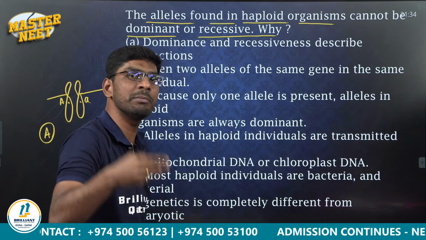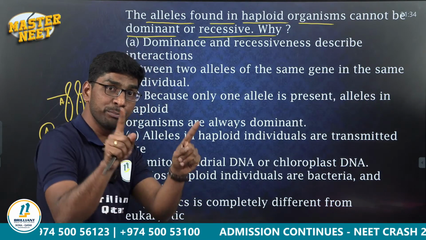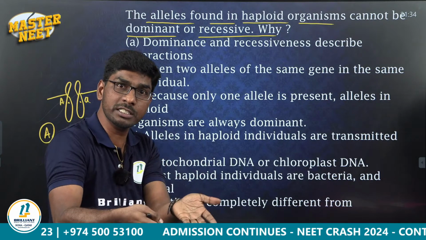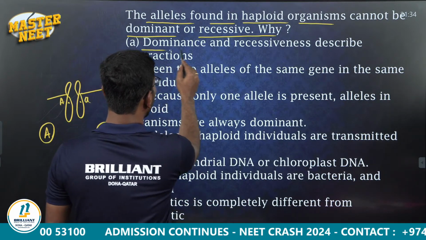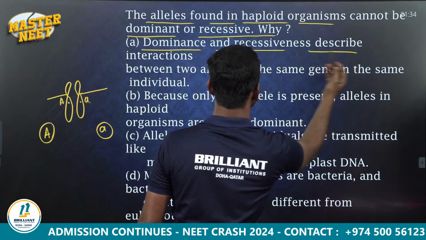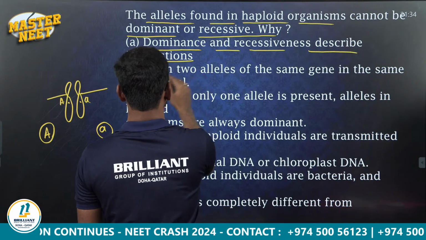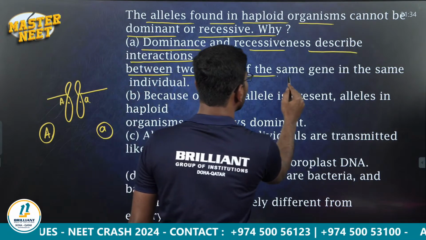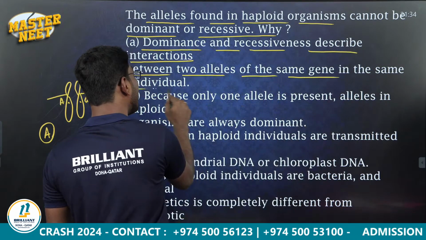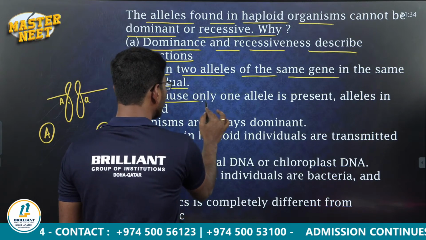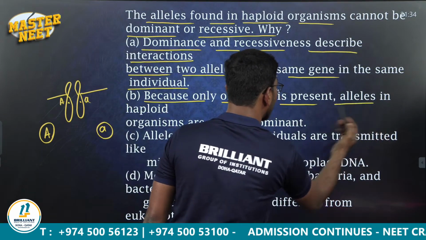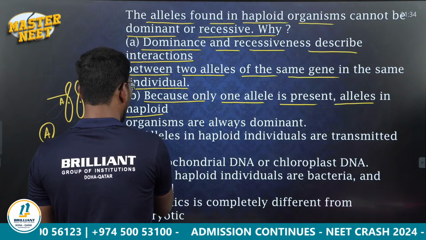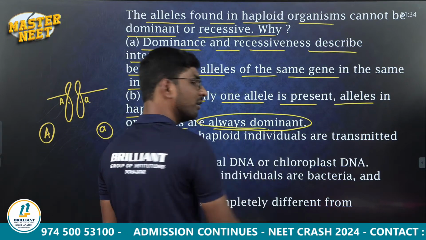So how can a single allele be dominant or recessive? Dominance and recessiveness describe the interaction between two alleles of the same gene in the same individual. Because only one allele is present, alleles in haploid organisms are never dominant or recessive.